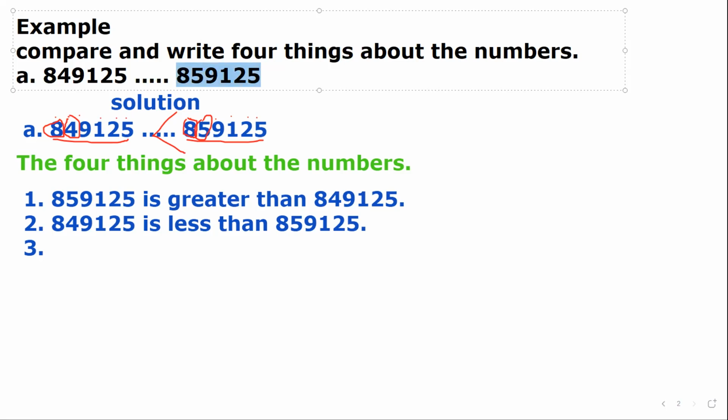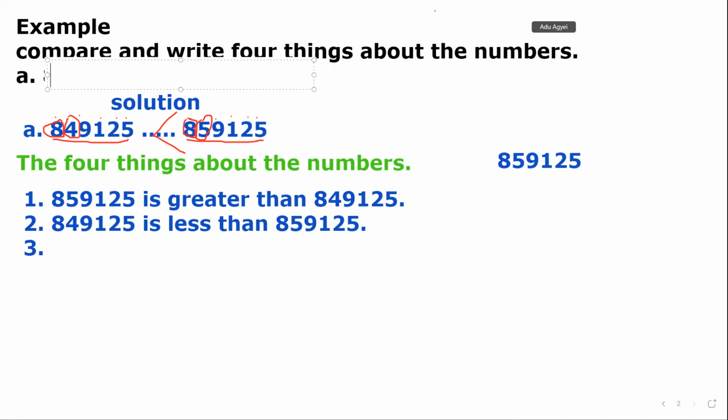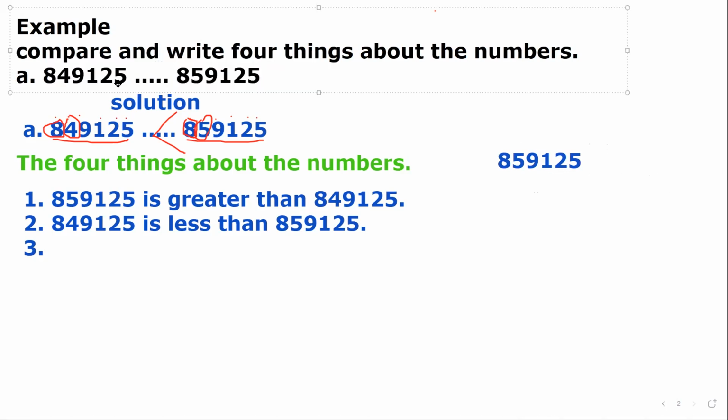So per this, I have my numbers. That is the first bigger number here. Then you subtract the other one, the smaller number from it.